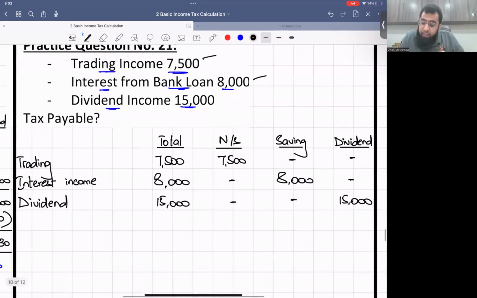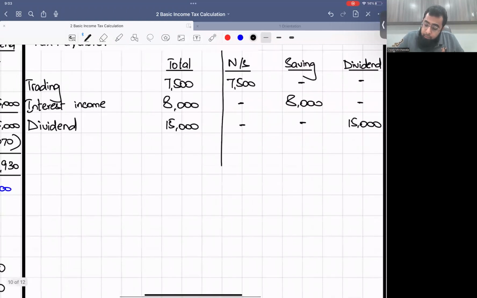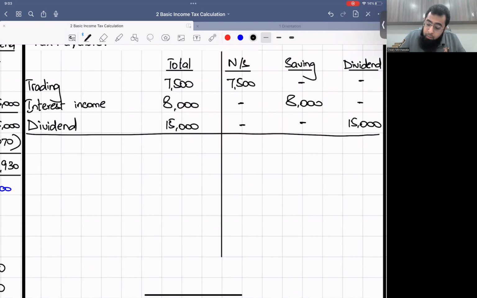We have classified the incomes. We'll add up all of them to arrive at the value of total income. 7,500 plus 8,000 plus 15,000. So it's 30,500.